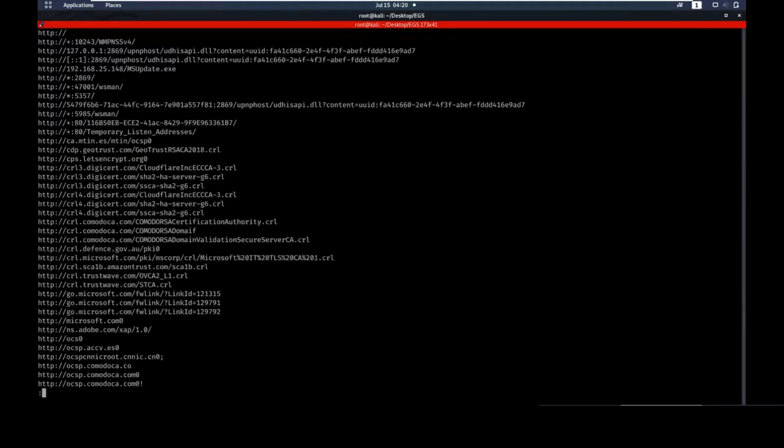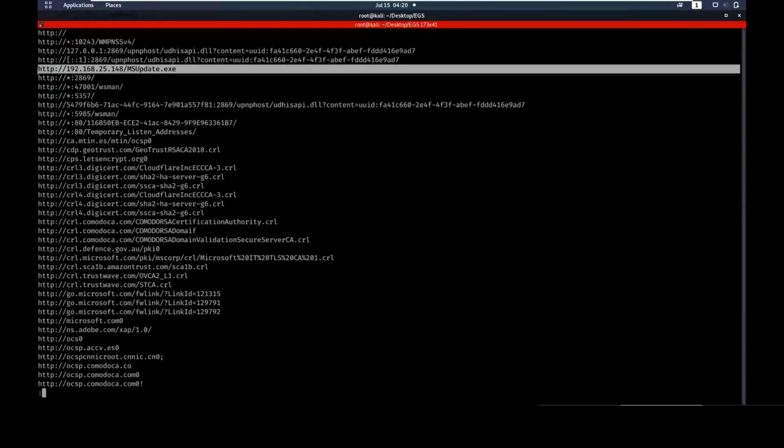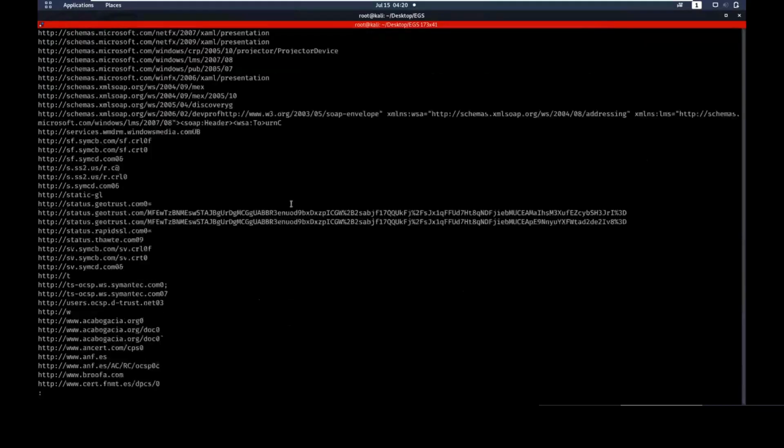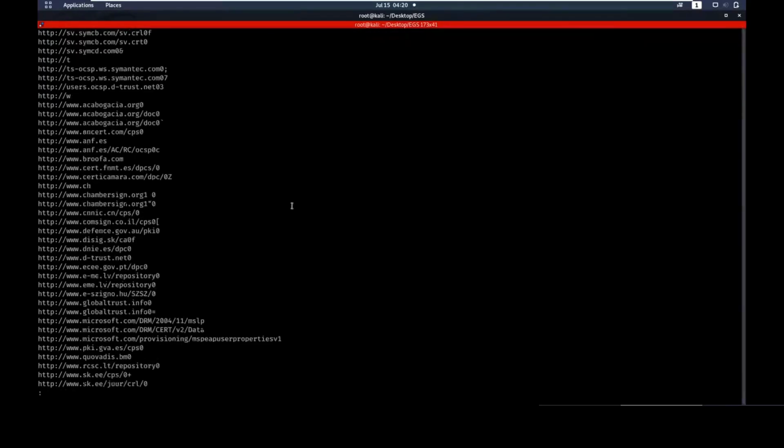Okay, here we go. Right here, I have the signature of downloading a malicious application via an IP-based URL. So you can see I can find a lot of the browsing history here in the page file.